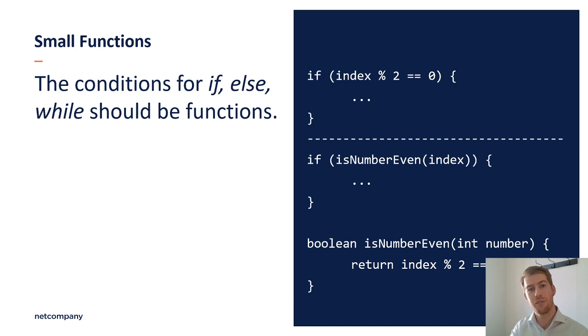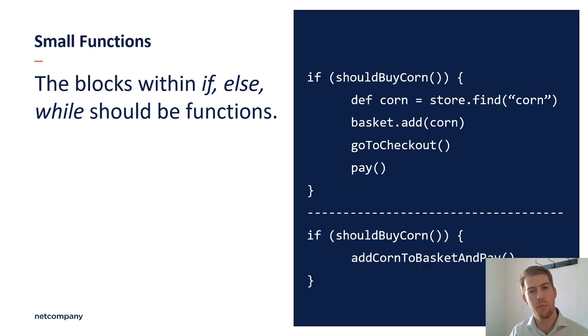And you get this fantastic prose way of reading code. You won't have to deal with all sorts of Boolean checks and such. You can just read it as a whole sentence. It's beautiful. Similarly, the blocks within the if, else, while statement should also be functions, right?